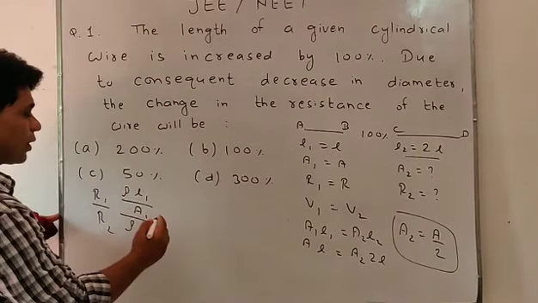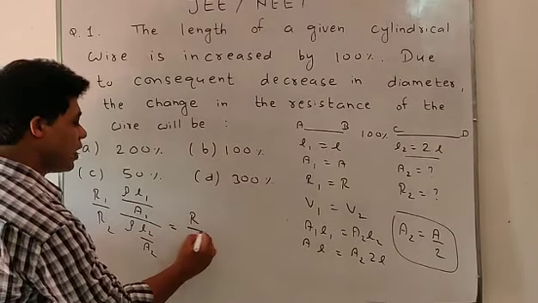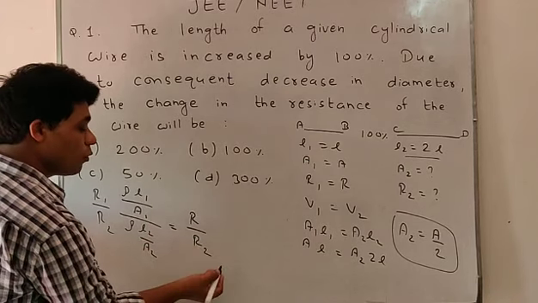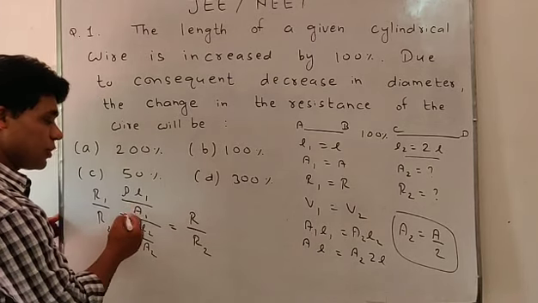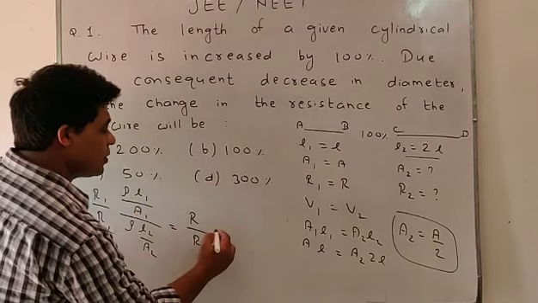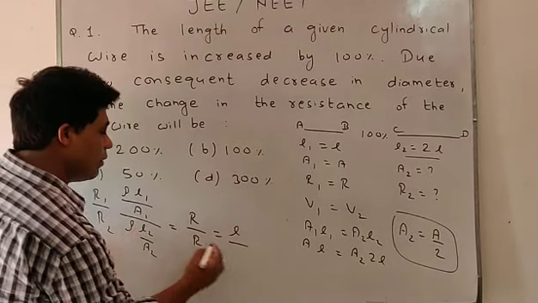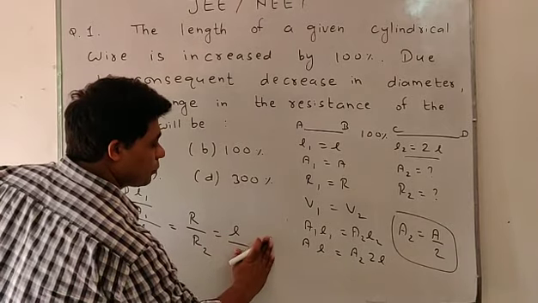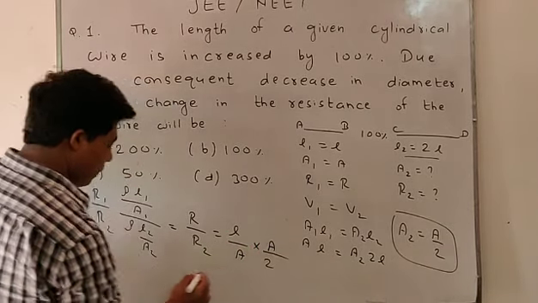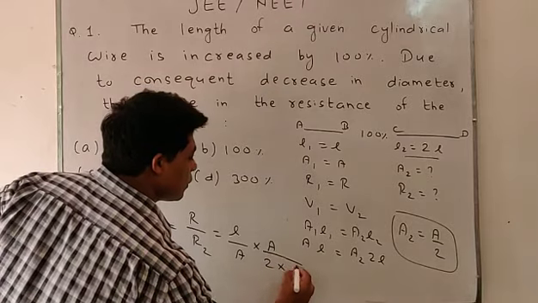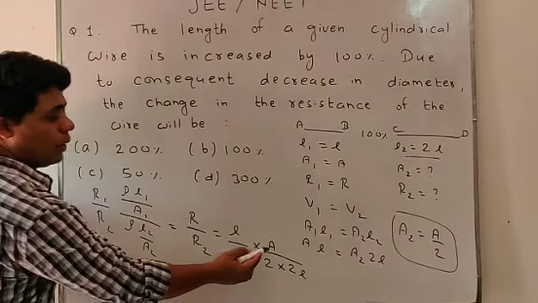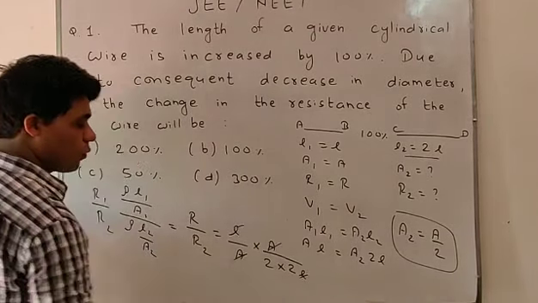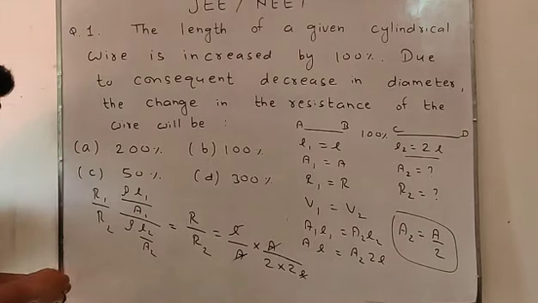Look, rho and rho cancel out. R1 is R, R2 we have to find. L1 is L and A1 is A. A2 is A by 2 and L2 is 2L. A and L cancel out, 2 twos are 4. You can note this.